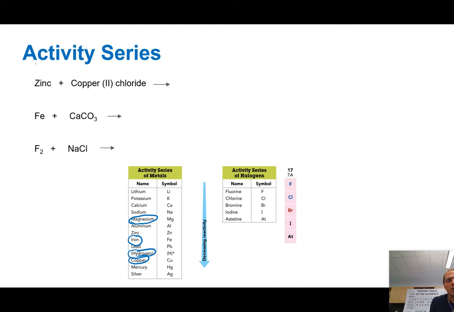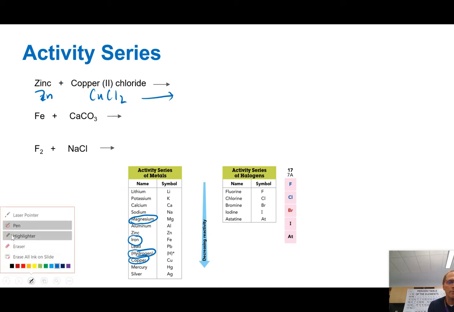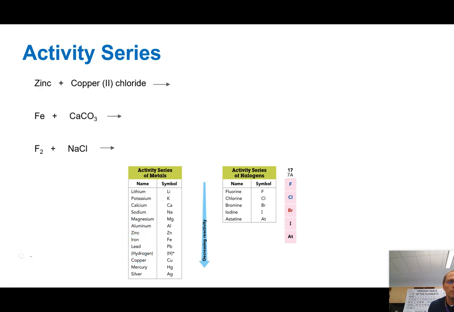So how this works: we have zinc metal, a solid, and we have copper 2 chloride. Now, is this going to happen? We're going to take zinc and put it into a solution of copper 2 chloride.